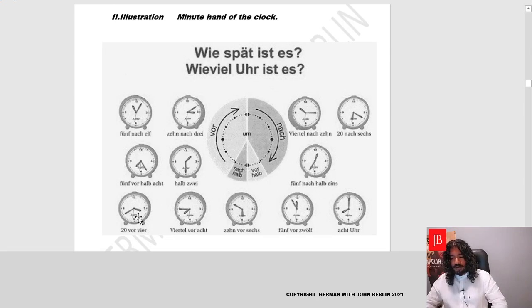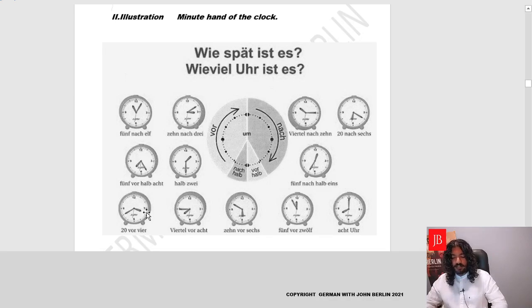Moving forward, we have 20 vor 4. 20 is 20, vor is before, 4 is 4. So 20 before 4. It's basically 3:40. So the idea is once the minute hand goes past the halfway mark, that is the 6, the 30-minute mark, you will start referring in German to the next hour.